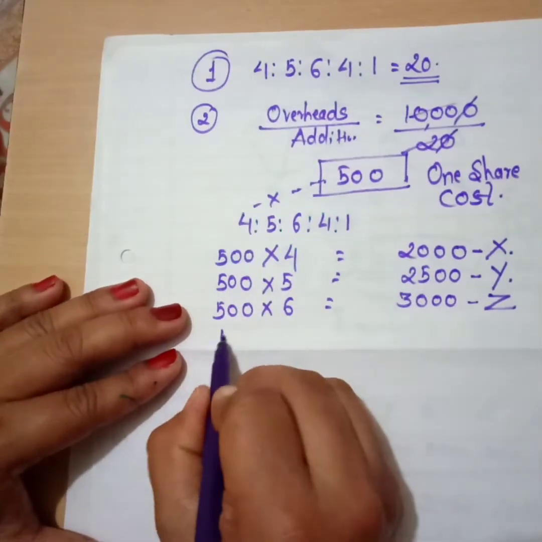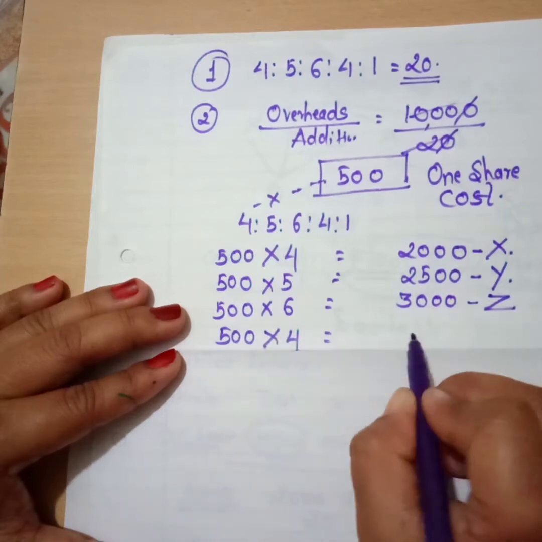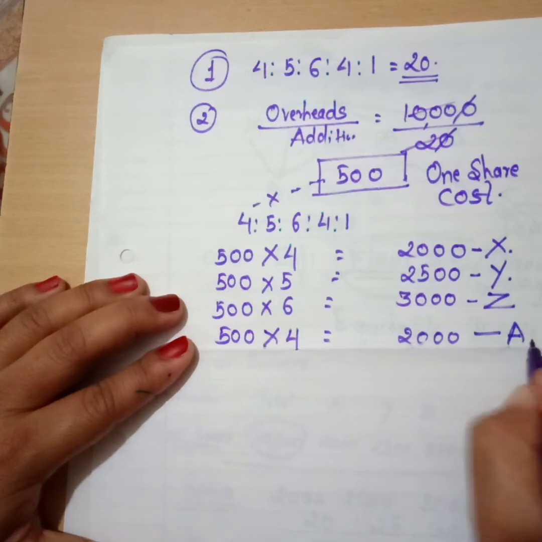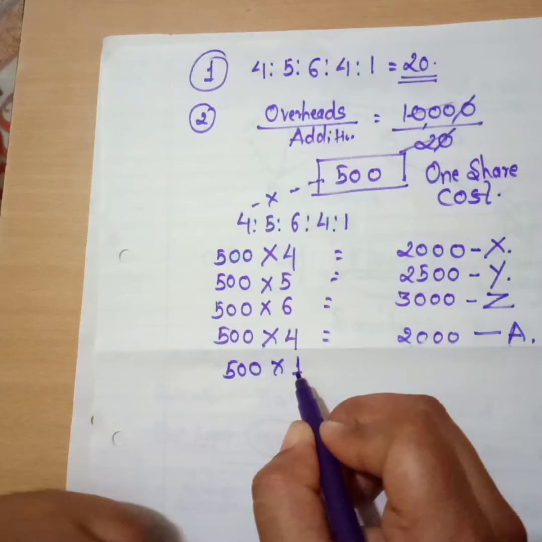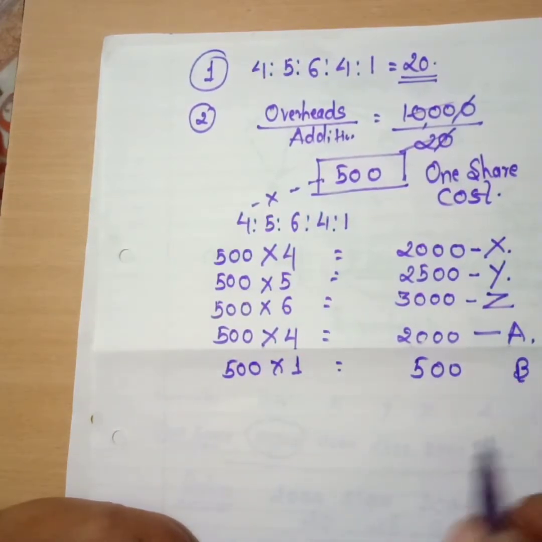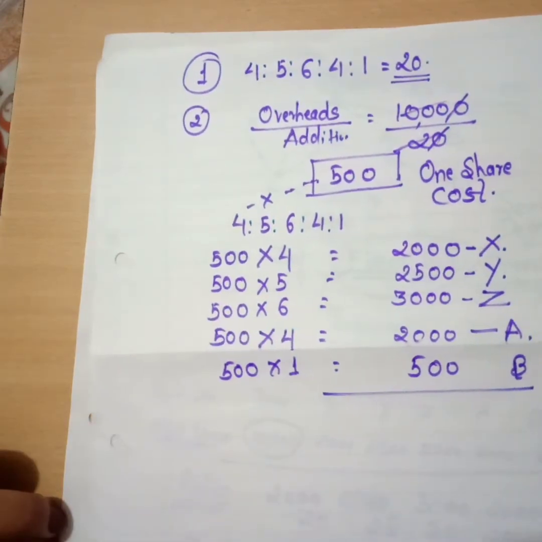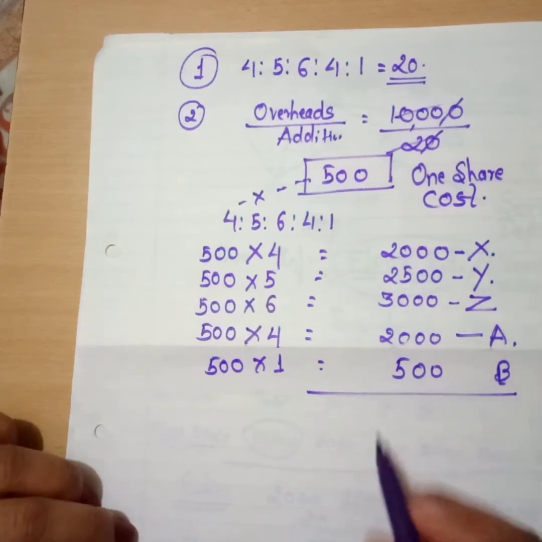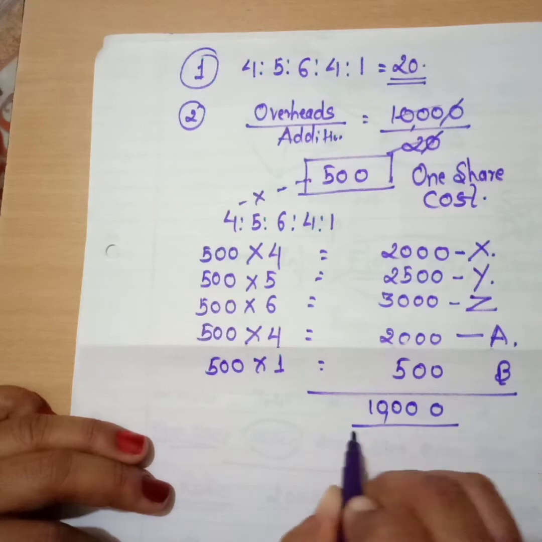Then 500 multiplied by 4, again 2000. It is the share of department A. Then 500 multiplied by 1 comes to 500. So it is the share of department B. The whole addition of this will be 10,000.